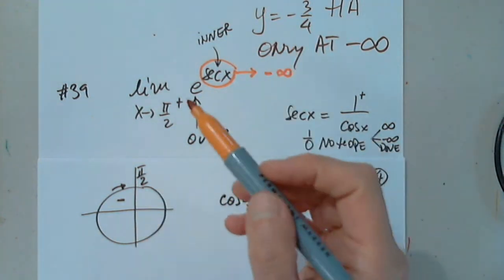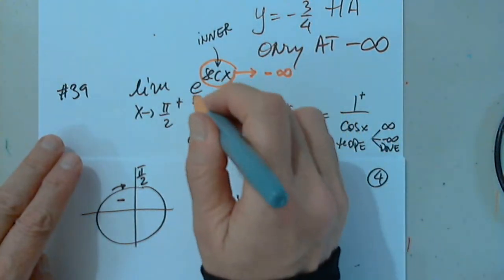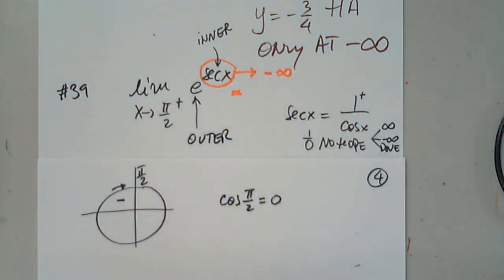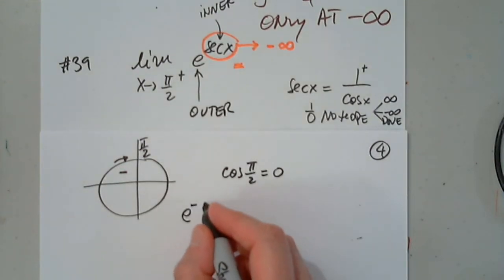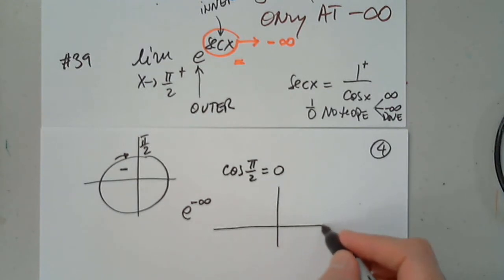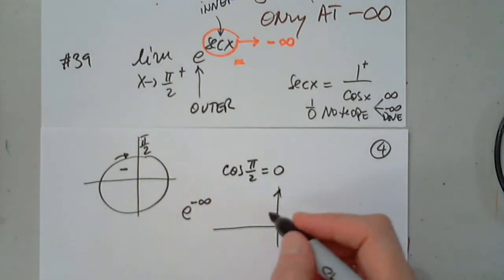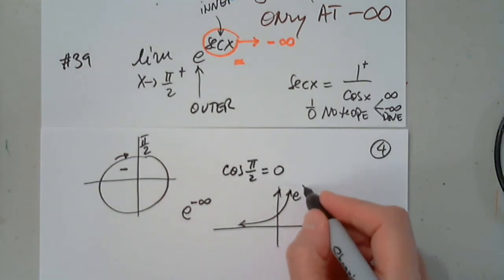Now, stay with me. The answer is based on e to negative infinity. It's not legitimate to write this, but I'm going to write it. I'm going to erase it. That's very easy because I know how to graph this function. I know how it looks. This is e to the x.